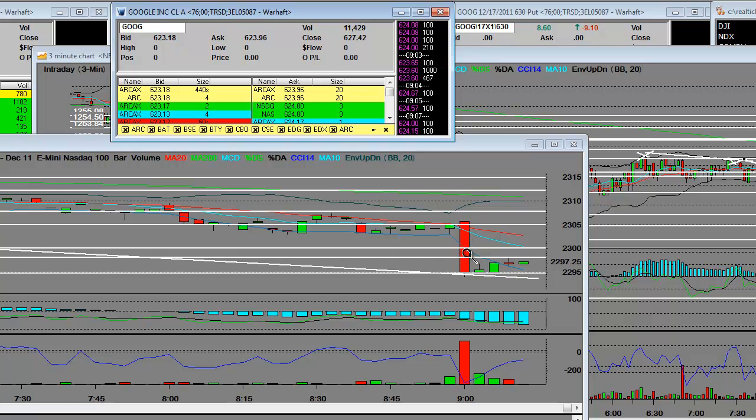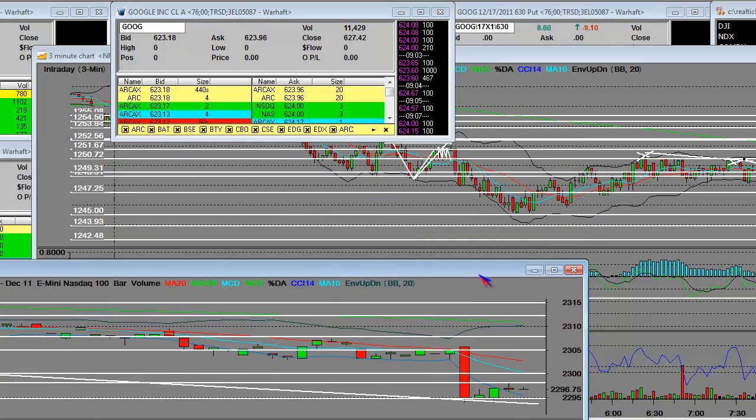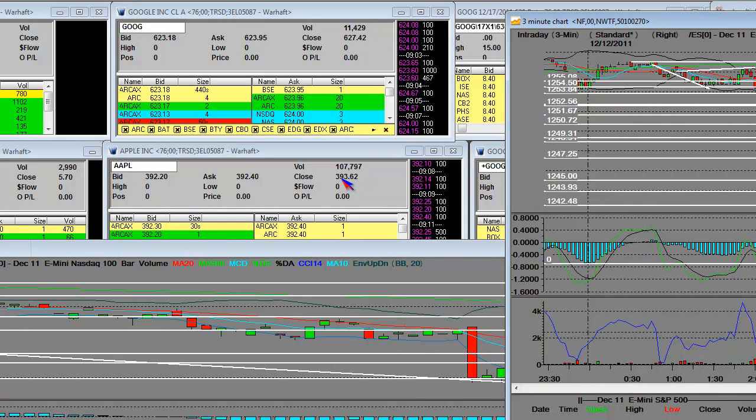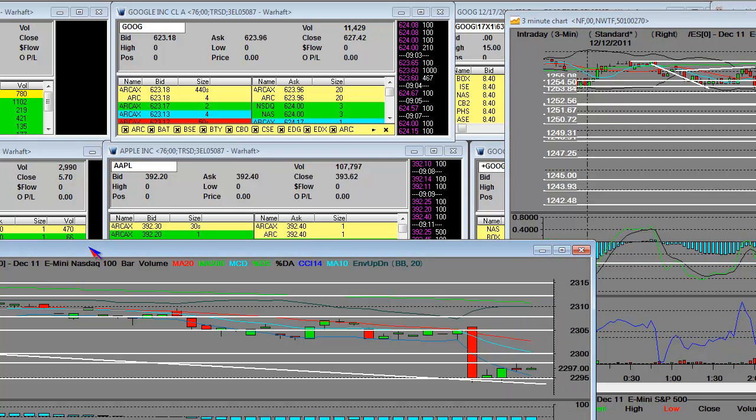And in the futures market in the Nasdaq 100, that means Apple over here, which I'll show you. Apple right here closes at 393.62, and your bid is 392.20. That's a left elbow gap down to the price. Okay? And you know that it's part of this Nasdaq 100 where my pointer is.